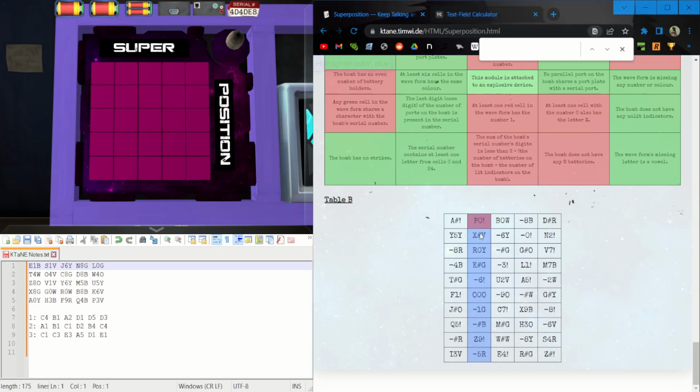Then we need to find any cell that has the label X-ray and the color violet. So let's find that. I'm going to simply search for X here. We find the X, it's in green, so that's not true. Now this cell right here, R0Y, is a specific permutation.